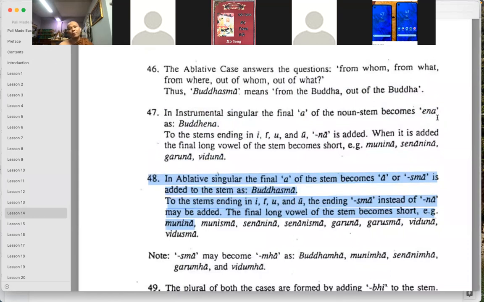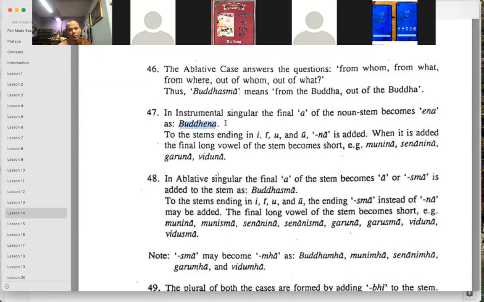A little bit different from my explanation, but finally the same. Actually the instrumental singular sign is na, but instead of saying it like that, a is directly changed to ena. Systematically, the a should change to e, and the na becomes short: ena.